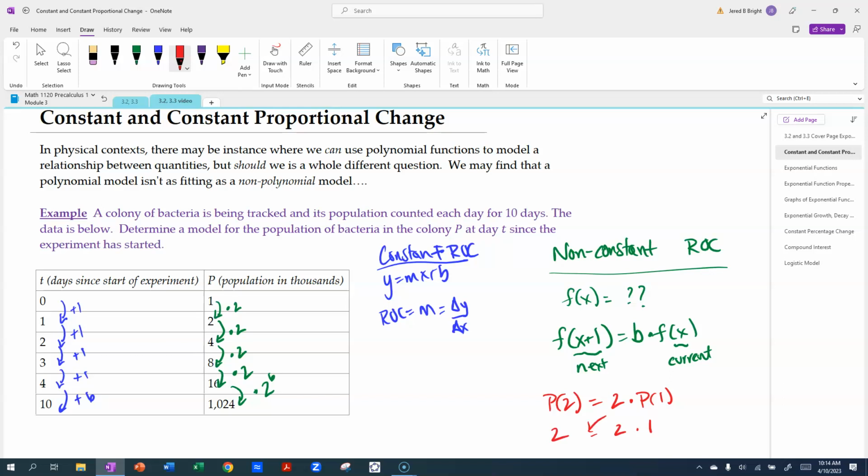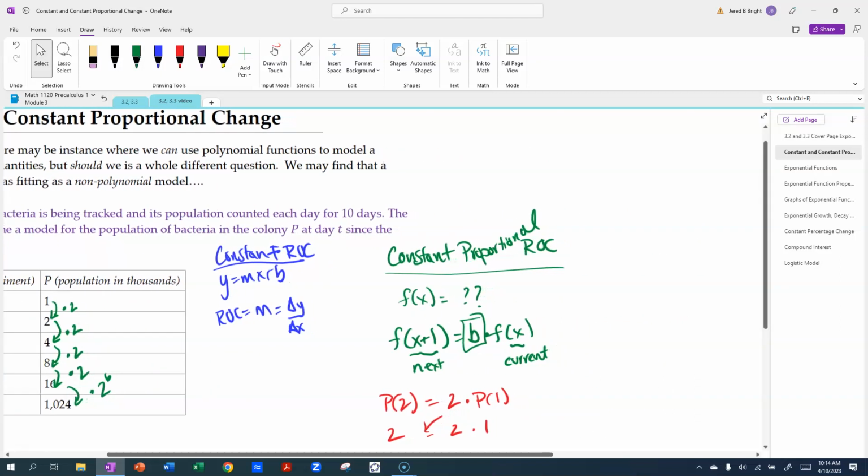When this behavior happens, this is an example of a non-constant rate of change. Otherwise, I'm going to say it's constant proportional. Proportional means that things can be related to one another through a constant.